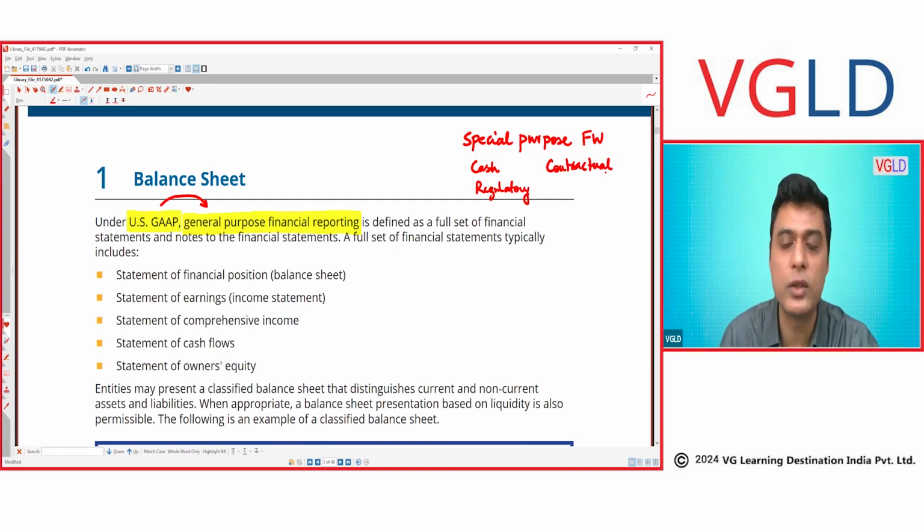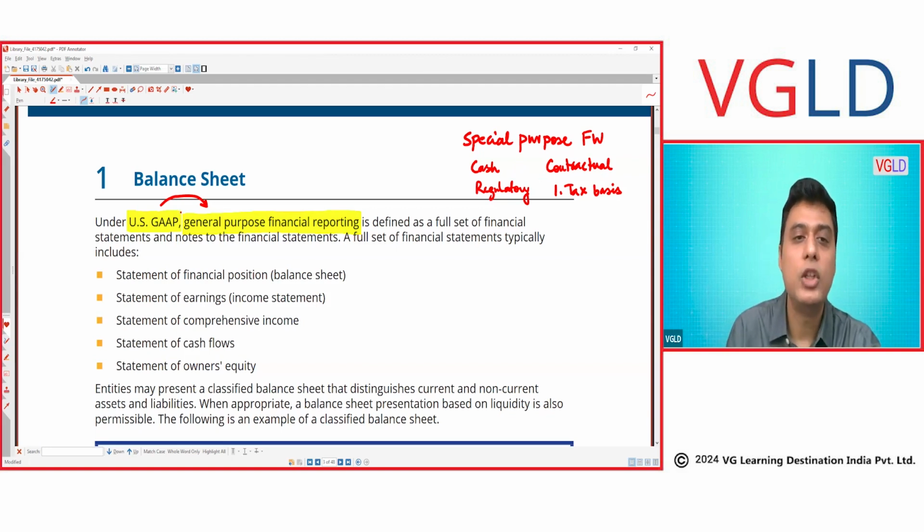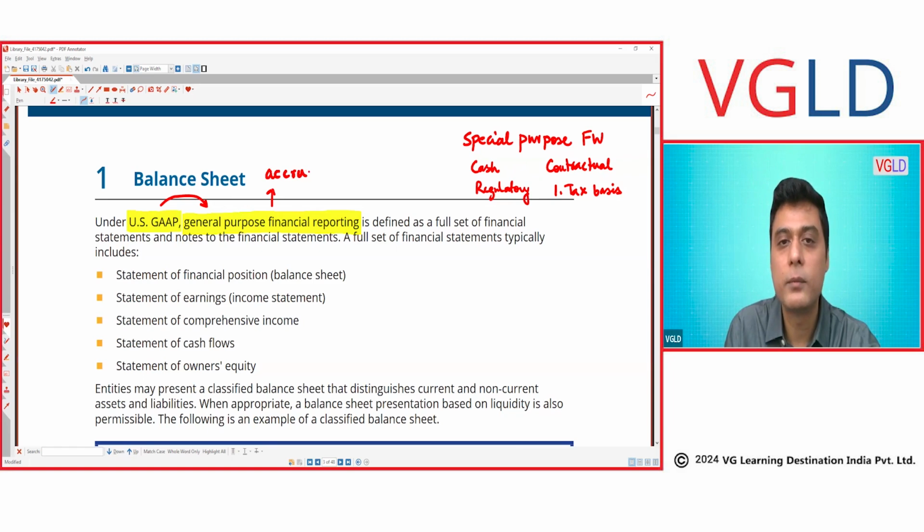We'll talk about those when we reach that module. These are called special purpose frameworks. US GAAP is a general purpose framework. Ind AS, Indian GAAP is a general purpose framework. IFRS is a general purpose framework, and so on. And of course, US GAAP, which is a general purpose framework, is on accrual basis.